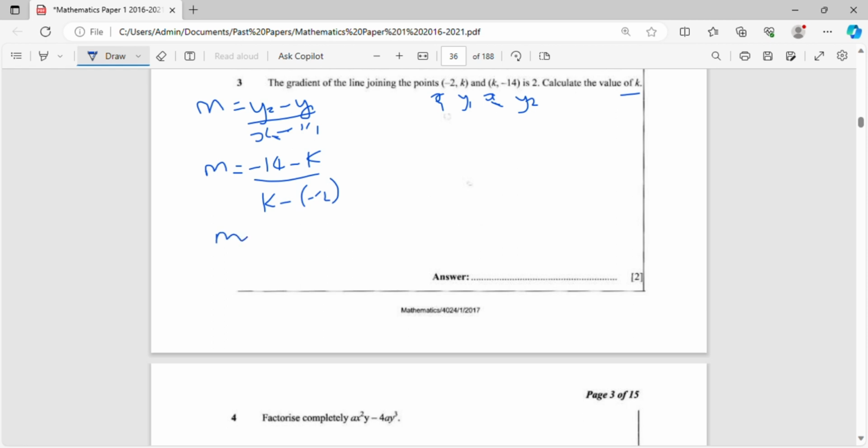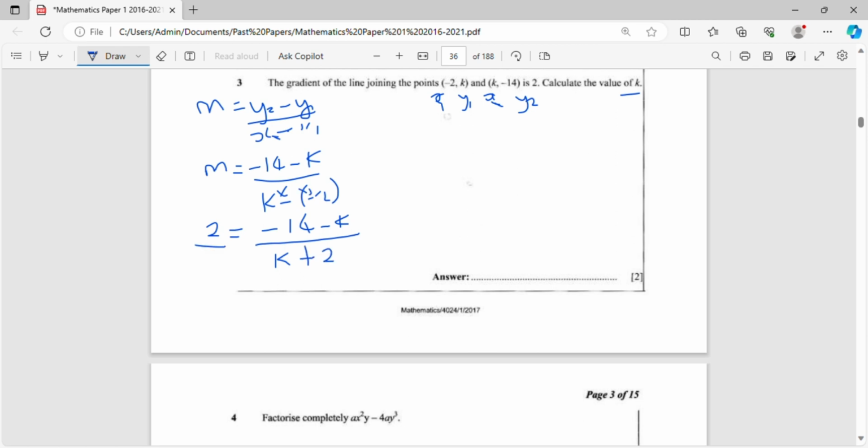The gradient we've been given in the question is +2. So 2 is equal to -14 minus k over k. Negative multiplied by negative gives us positive, so it will be k plus 2.